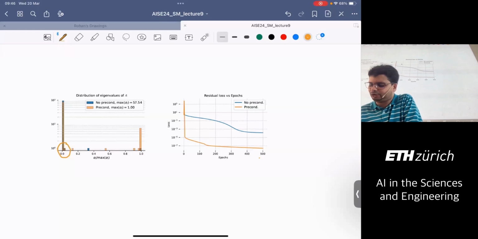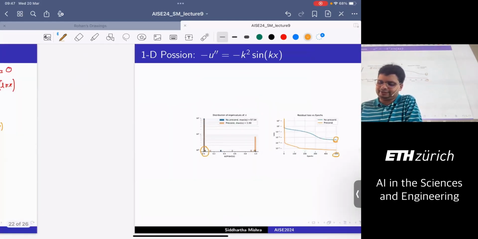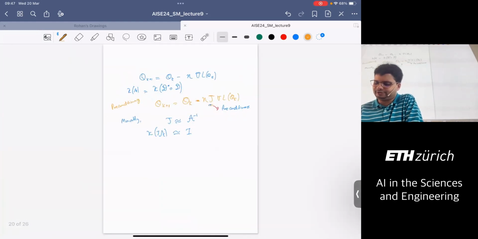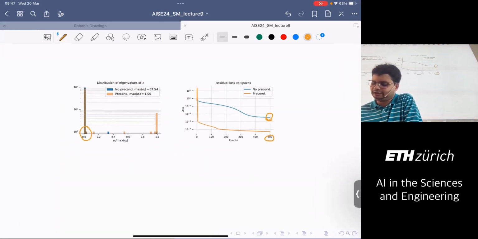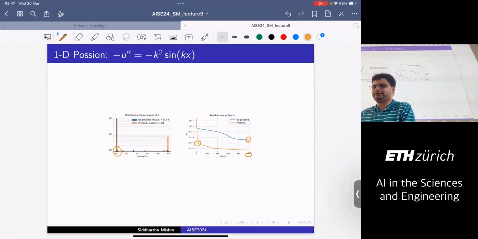If you take 500 epochs, then you get a loss of about 10 to the power minus 3, which is what it is. But if you precondition, that is, if you multiply by the inverse of this matrix, which in this particular case is small enough that we can calculate it explicitly, then within a few epochs, with 100 epochs for instance, or less, you get 10 to the power minus 5 in five epochs. So essentially, even for neural networks, this problem works because of this point about preconditioning.